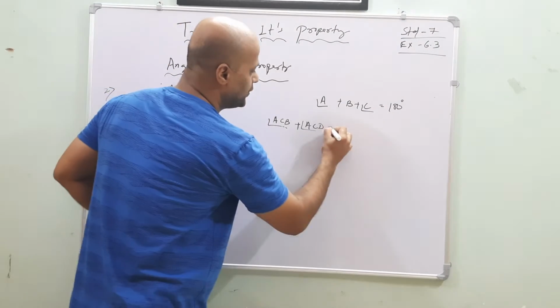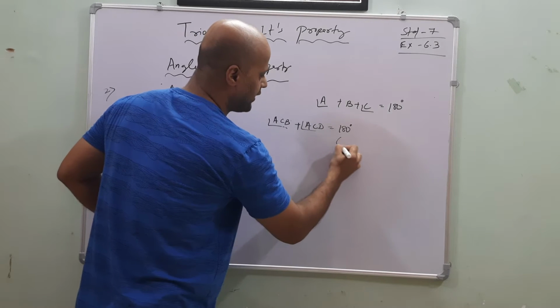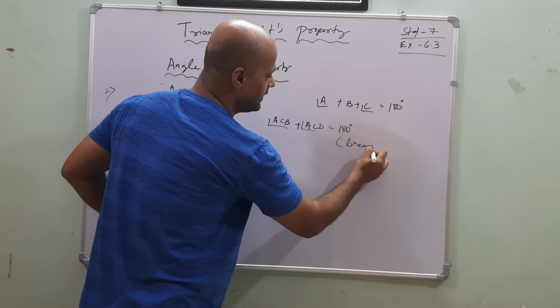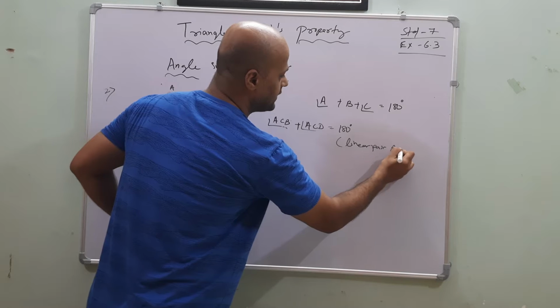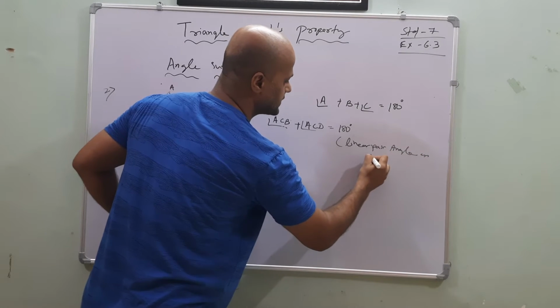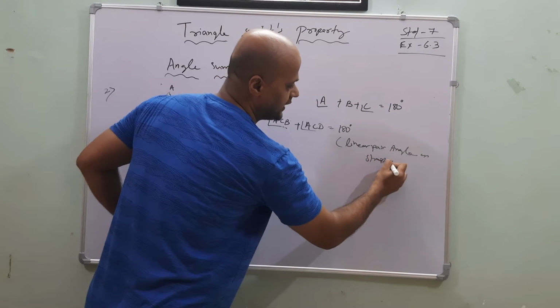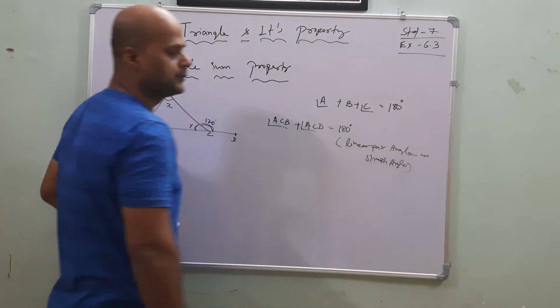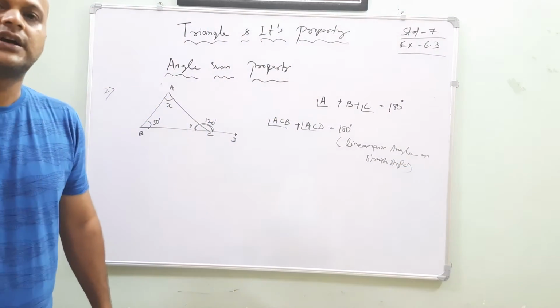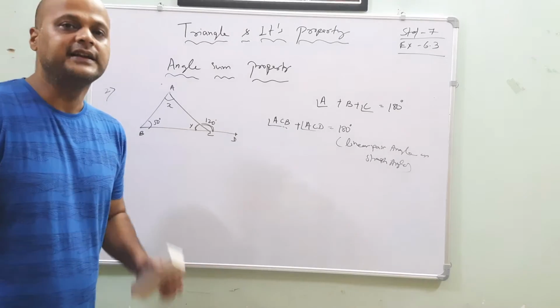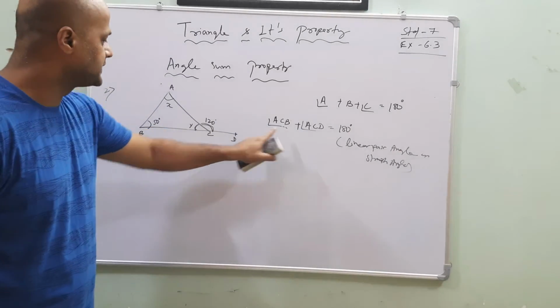It is 180 degree. Why? They are a linear pair or straight angle. What is the value of a straight angle? The value of a straight angle is 180 degree.